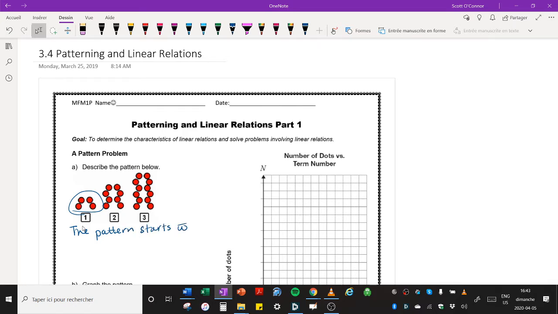And how much is it going up by each time is the other thing I want to think about, right? So it had 4, now it has 8. And then if I look at this one, it has 12. So the pattern starts with 4 dots and goes up by 4. So I described the pattern below.